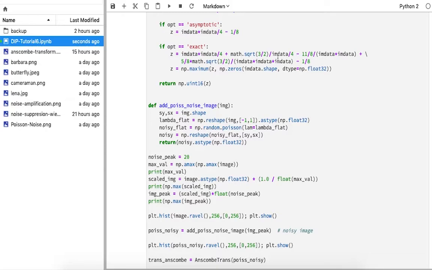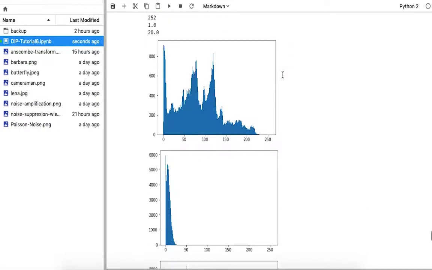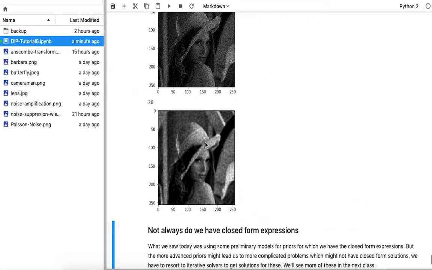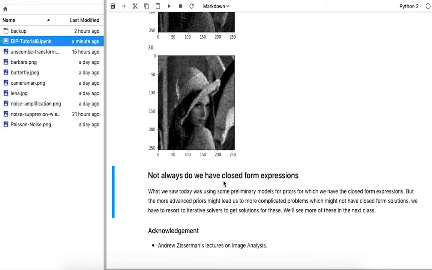You just build a CNN which regresses from one to the other, and it works much better than the Anscombe transform and all these transform domains which were shown to perform decently until 2013. So this is one of the significant advantages you get while using CNNs.